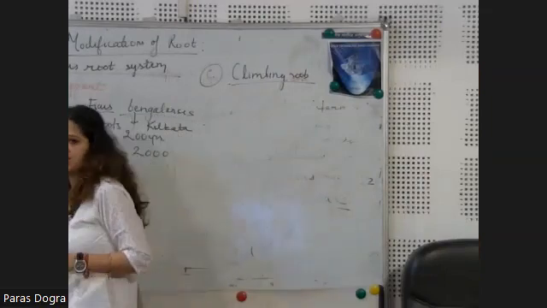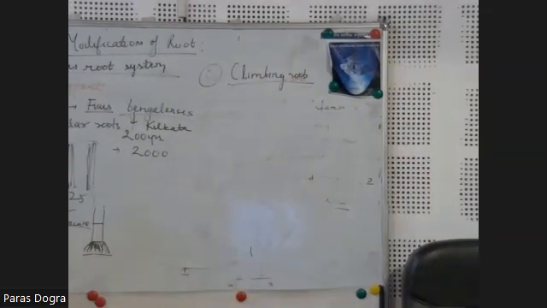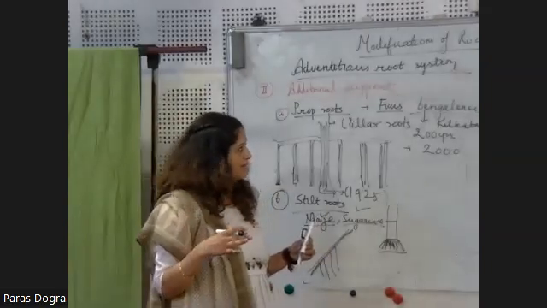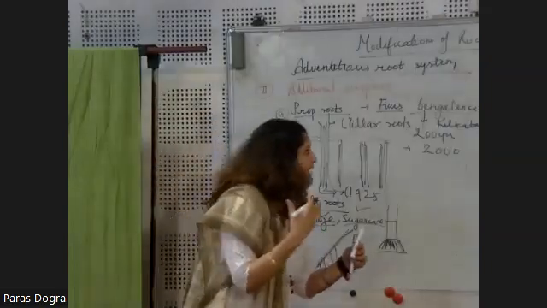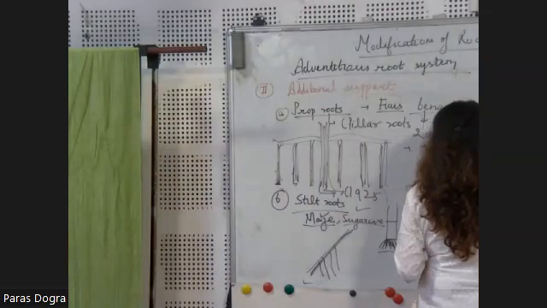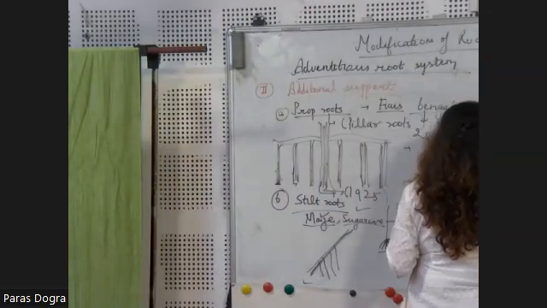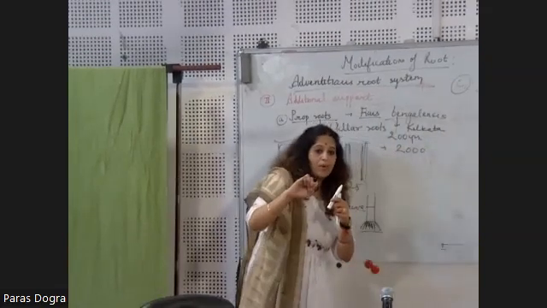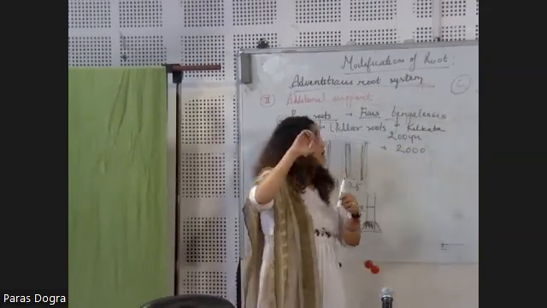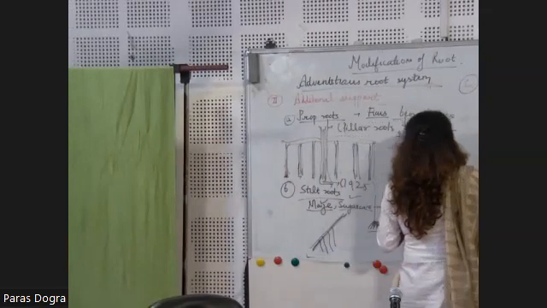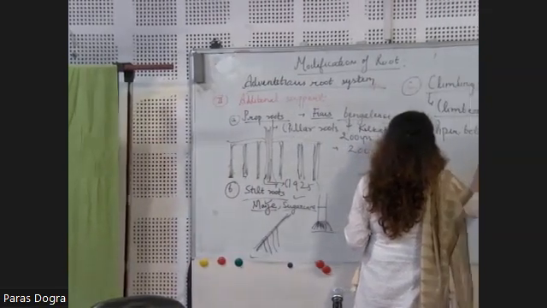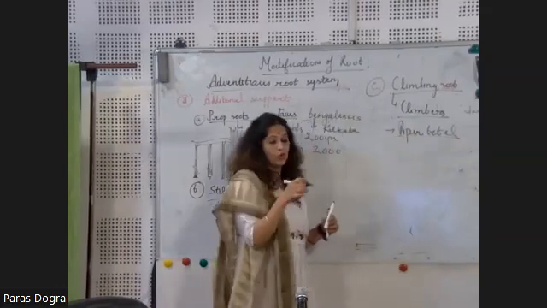As the name suggests, these climbing roots are found in plants which cannot stand erect. So these are mostly found in climbers. These climbers need some support to stand. For example, in case of piper betel, we find such climbing roots.